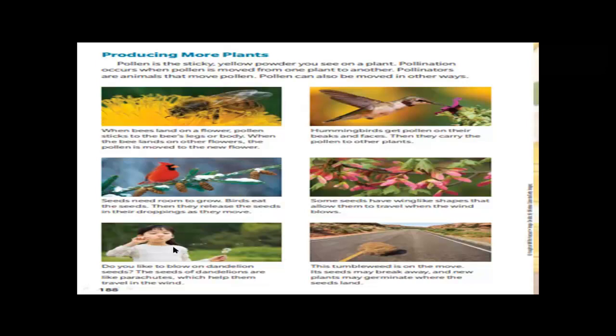And do you like to blow a dandelion seed? When you blow it, actually, you spread the seed everywhere, and even through the tumbleweed. When the tumbleweed moves, it collects seeds inside it and spreads them everywhere.